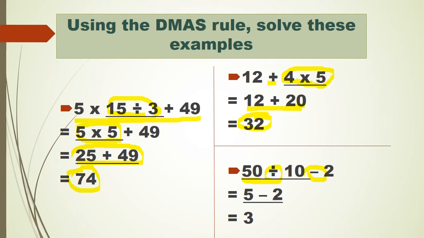Now divide 50 by 10, we get 5, and then subtract 2 from 5, we get 3 as the answer. We are skipping multiplication and addition operation in this simplification sum because we have only two operations. That's why we use the other two operations according to the DMAS rule.